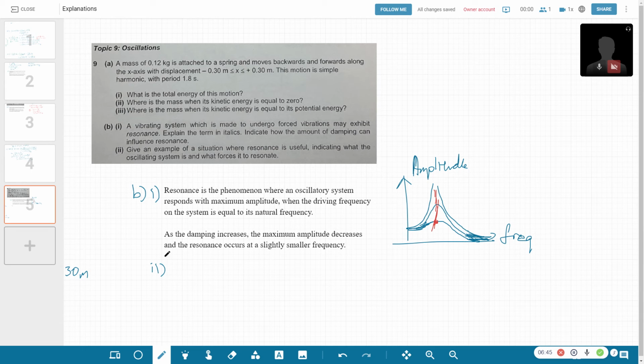And part two, give an example of a situation where resonance is useful, what is the oscillating system, and what forces it to resonate. This is in the notes, school notes should have it as well. So we can use the situation of a tuned mass damper, which is used for architecture, for buildings. It's an example where resonance is useful.